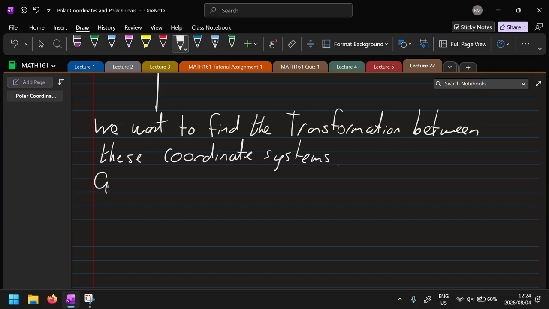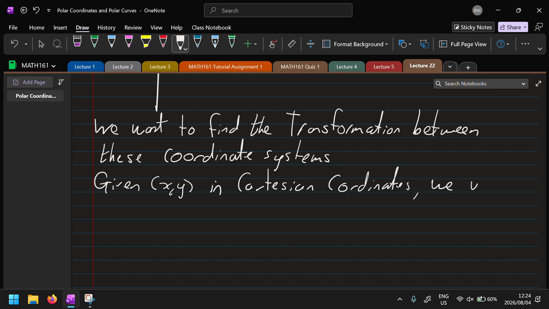So given x, y, whatever the point is in Cartesian coordinates, we want to find r and theta. Okay, again, just two labels for the points in polar coordinates.